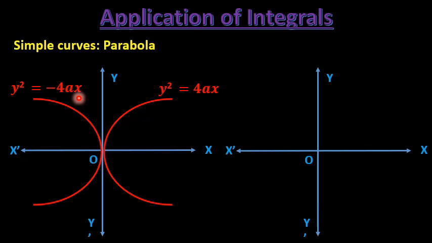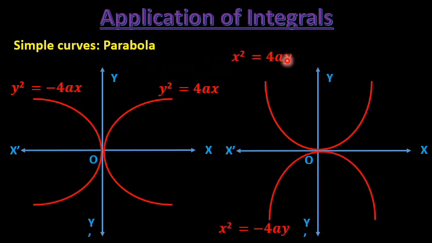Now if the parabola is open upward, then the equation will be x square equals to 4ay. And if it is open downward, then the parabola equation will be x square equals to minus 4ay.